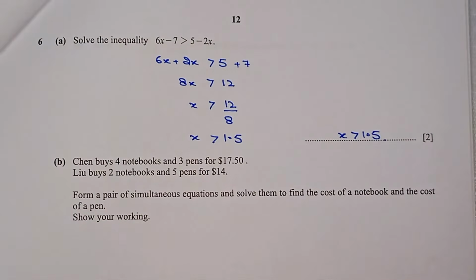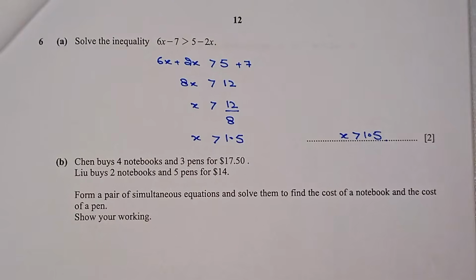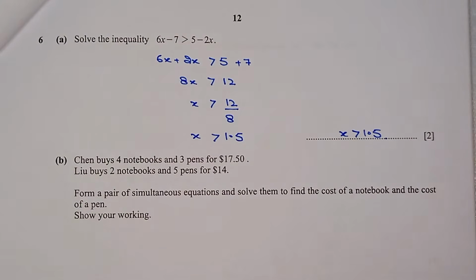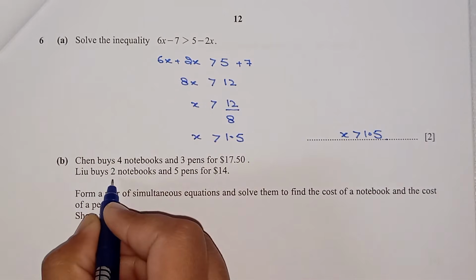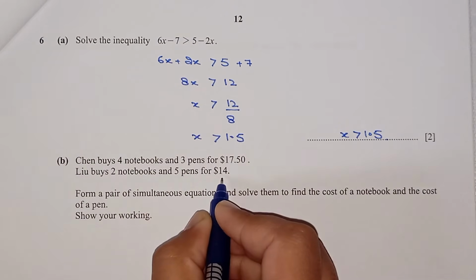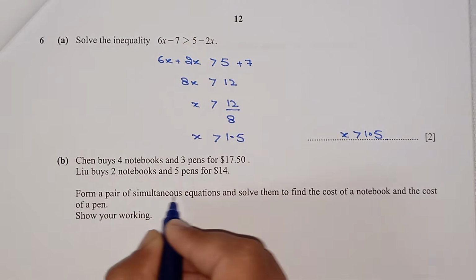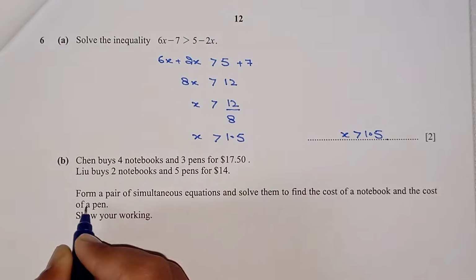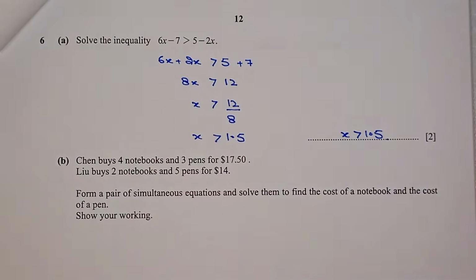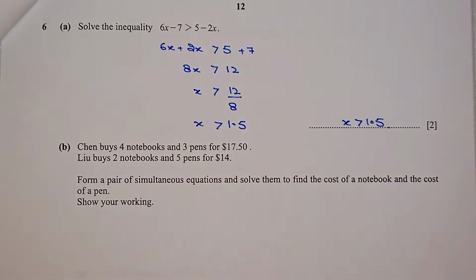For part B, Chen buys 4 notebooks and 3 pens for $17.50. You buy 2 notebooks and 5 pens for $14. Form a pair of simultaneous equations and solve them to find the cost of a notebook and the cost of a pen. Show your working. Okay, so we need to make a system of linear equations.